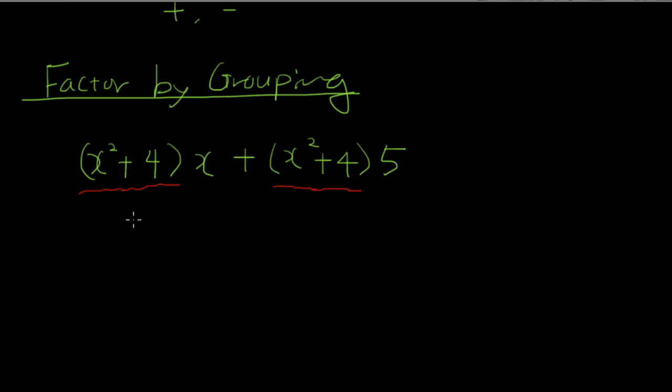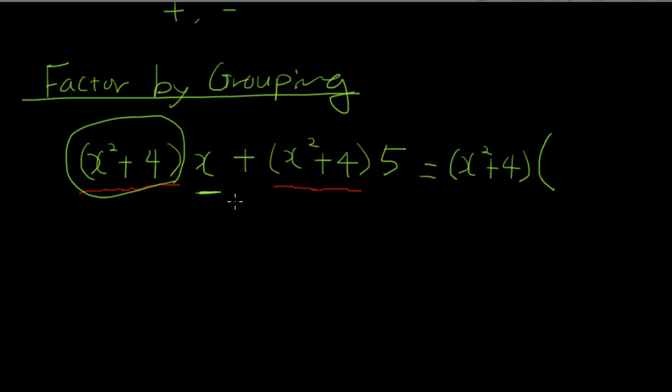So why don't we factor x squared plus 4 like this? Remember, when you factor, you gotta put the parentheses. Because we're factoring this one out, what's left behind from the first term is just x. Because we are factoring this one out, what's left behind would be 5.